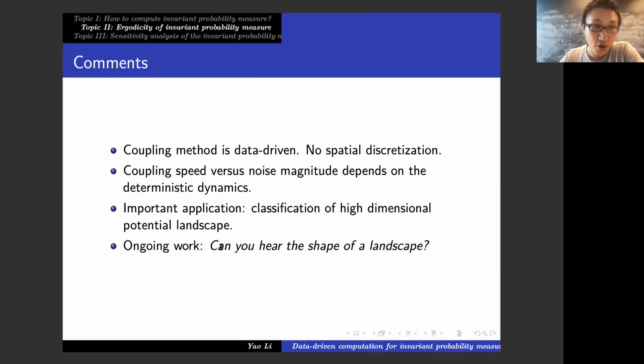I call it, can you hear the shape of a landscape? I'm not presenting it, I'm just saying that we use lots of data science and machine learning tools to study dynamics, but the study of dynamical systems and probability can reversely help us study the theoretical foundation of machine learning.